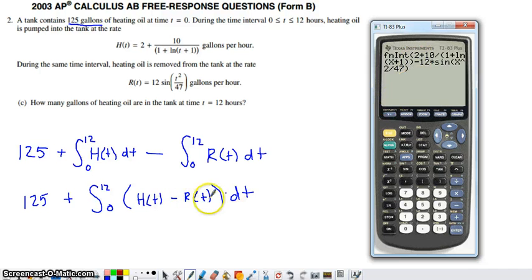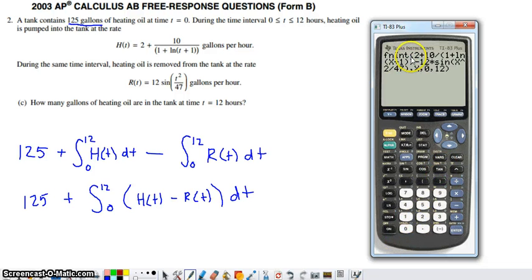After I type the function that I want to integrate in, I need to give the calculator the variable of integration. Now I realize on our page here the variable of integration is t, but really what I typed into the calculator here was x. So my variable of integration on the calculator is x. You give the calculator another comma, you give it the lower limit of integration, which is 0, you give it another comma, your upper limit of integration is 12.